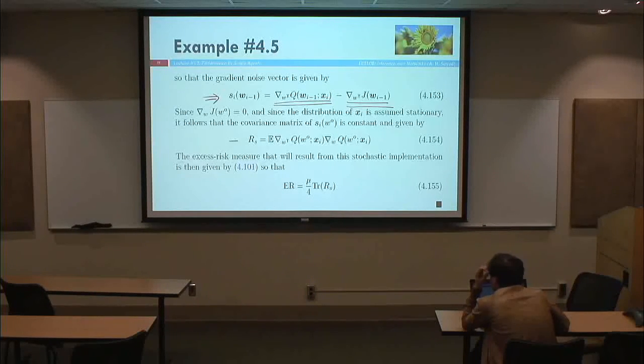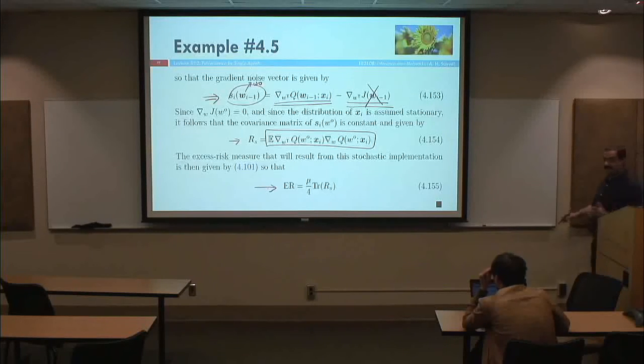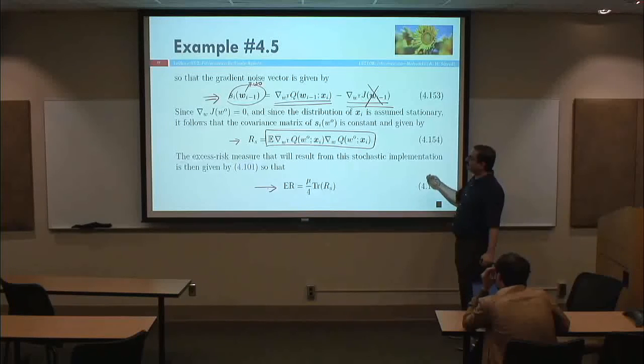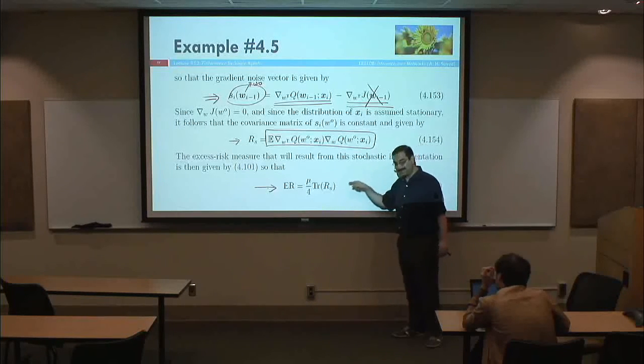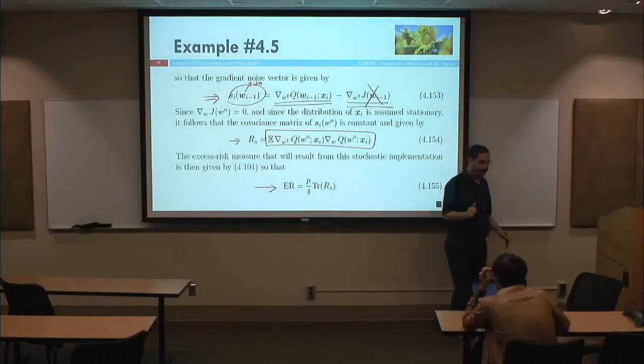Then RS, by the way, is the covariance of this at omega 0, so this term disappears at omega 0. It's just the covariance of the approximate gradient. And then the performance will be given by the statement of the theorem. The important thing to note is that you now have a result that tells you exactly what performance to expect in steady state for small mu.